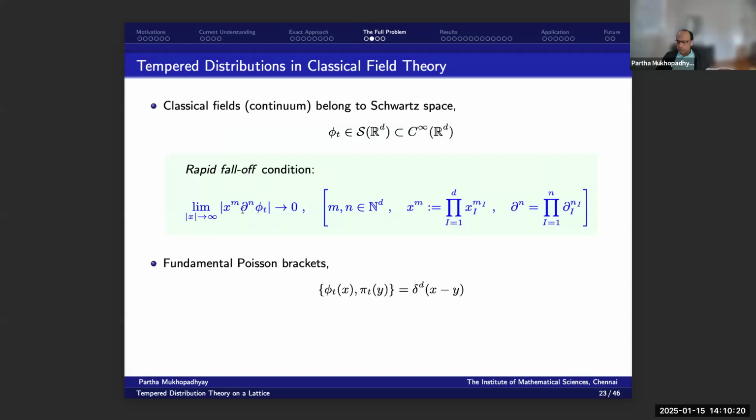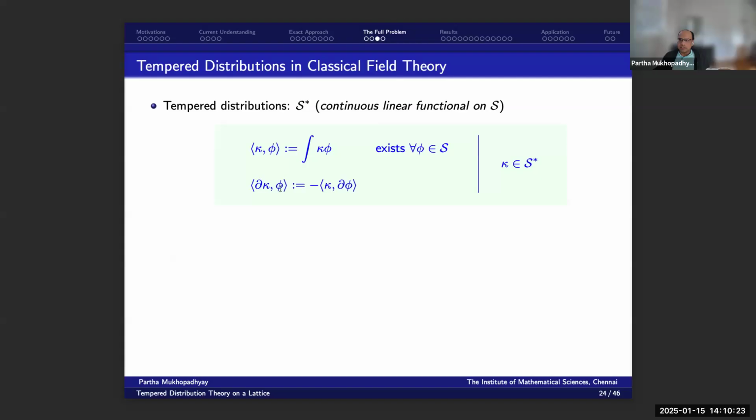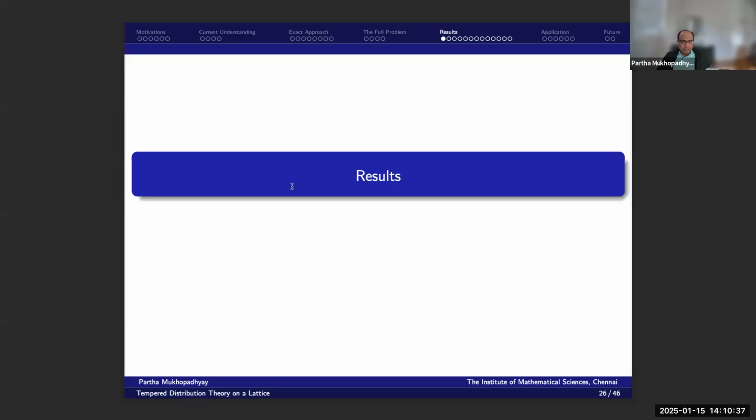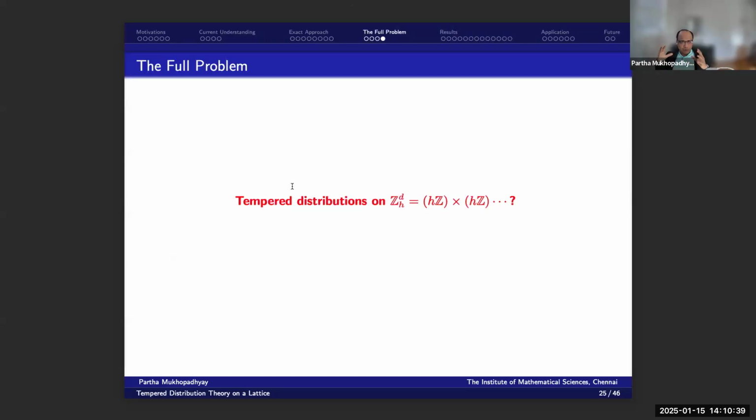And because it falls off so rapidly, the integration by parts applies. If you apply the integration by parts, you are able to take the derivative to phi from kappa. So that's how it works. So that is the full problem that one has to address. Now the analysis starts from trying to get rid of that ambiguity, the continuation ambiguity.